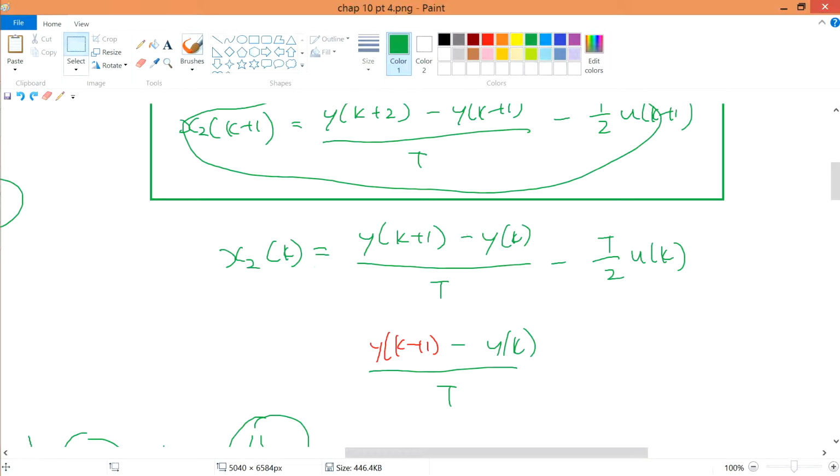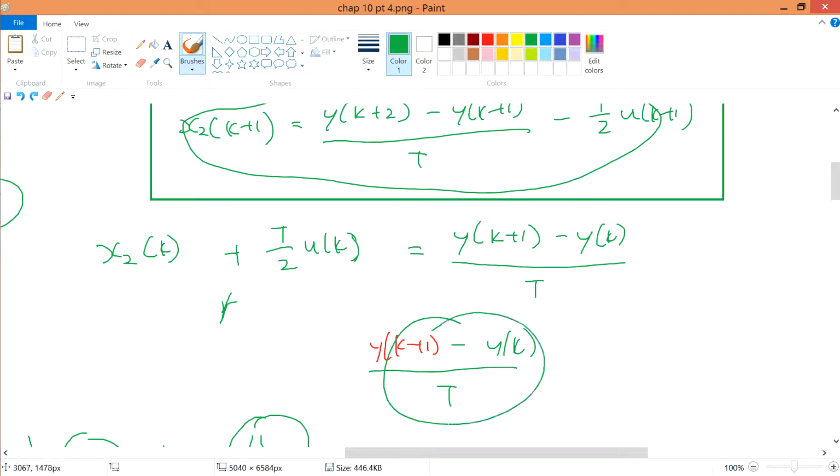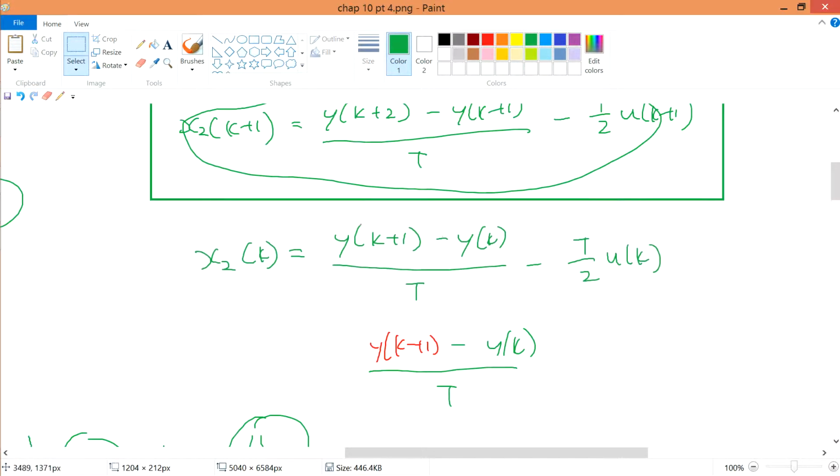So in other words, I bring this to the other side. So in other words, I'll have this form. Plus. So this thing over here, if you see, this is the same, is equal to this form based on my x2, based on the equation that he's given us.